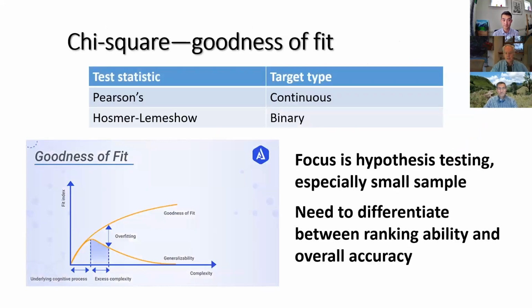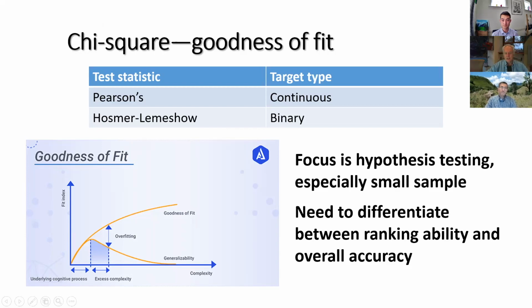Then you get into the chi-square. These are goodness of fit measures. Is it fitting the data? And here you have the two aspects, where you've got the goodness of fit and the generalizability again. Ideally, as you add in, it doesn't come into the chi-squared measures, but one should take some things with a grain of salt if you've got an extremely good fit but it is very complex.